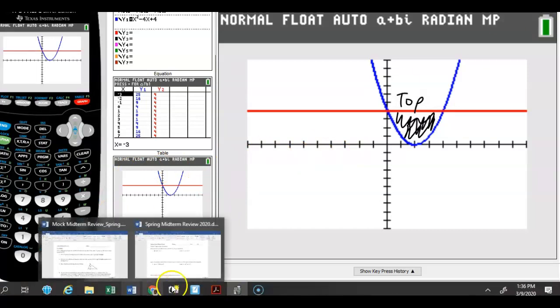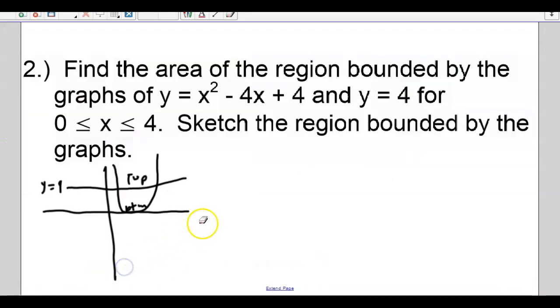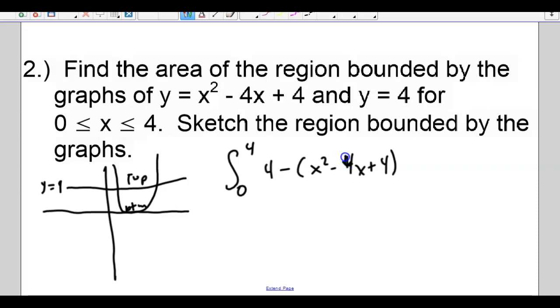So I got that sketch over here. So now we know what the top is. The top is, I'm sorry, from 0 to 4. The top is what again? The 4, and we're going to subtract the bottom. Which simplifies to the integral from 0 to 4 of 4 minus x squared plus 4x minus 4, right?